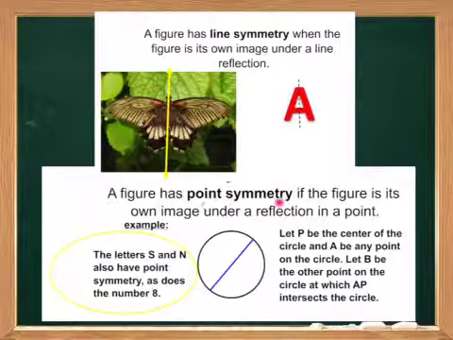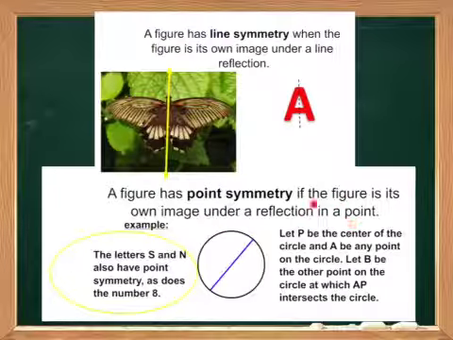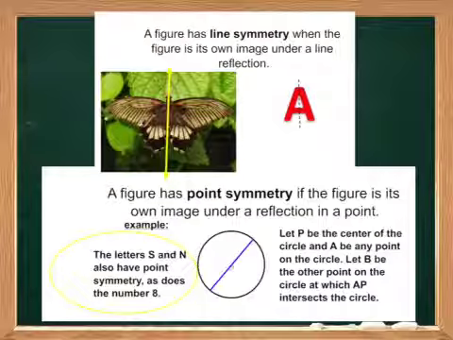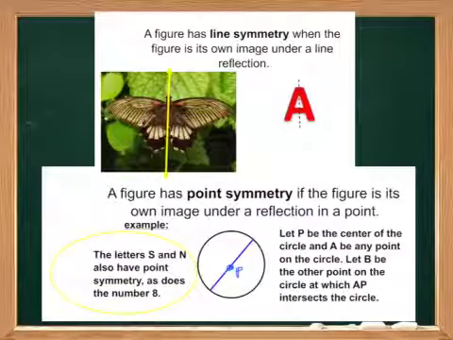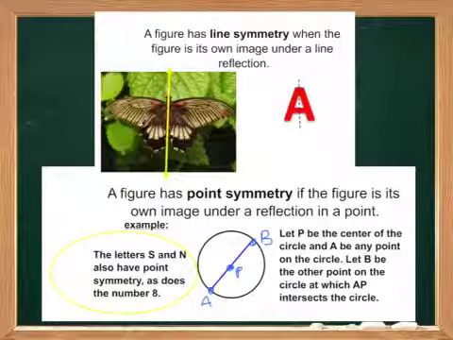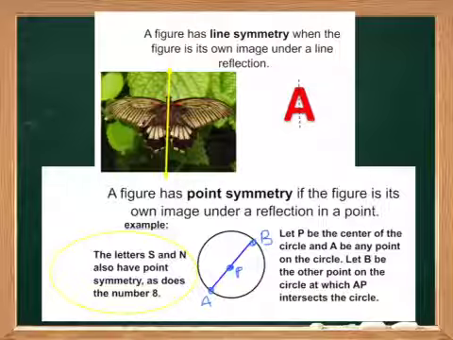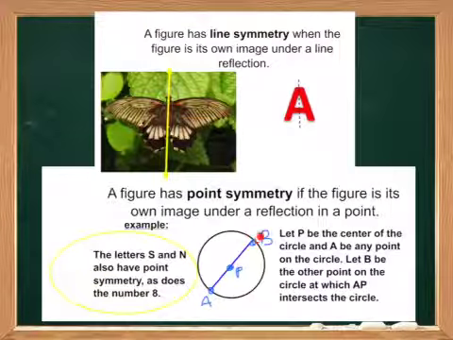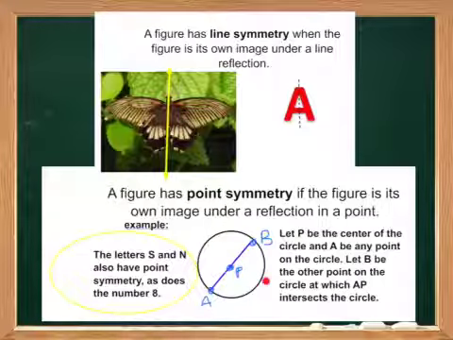Now, a figure is said to have point symmetry if the figure is its own image under a reflection in a point. So if we let P be the center of any circle, and A be any point on the circle, we can see that under a point reflection, A would be mapped to B, and any other point would be mapped to a point on the opposite side.